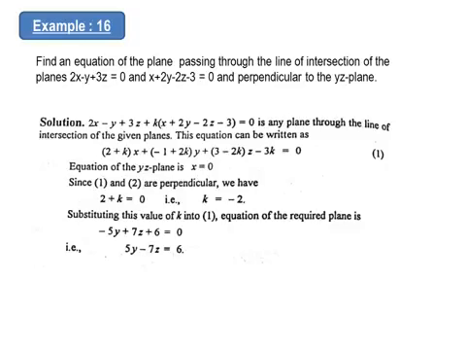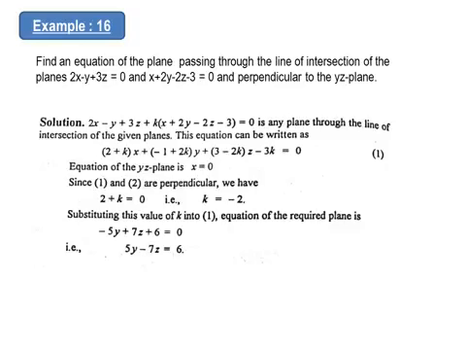so the intersection of these two planes gives a line. The equation 2x minus y plus 3z plus k times x plus 2y minus 2z minus 3 equals 0 is any plane through the line of intersection of the given planes.